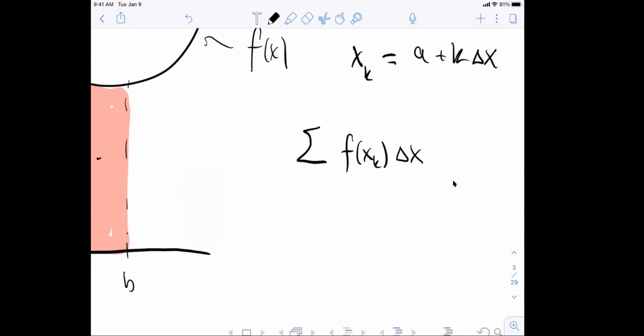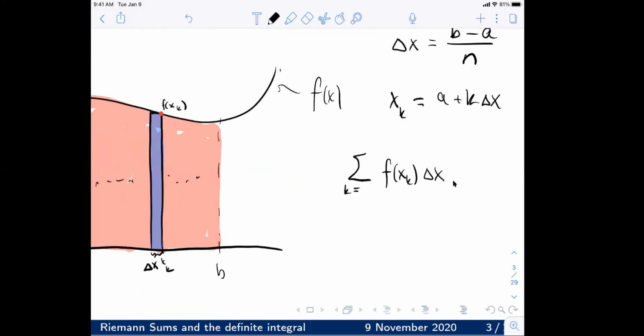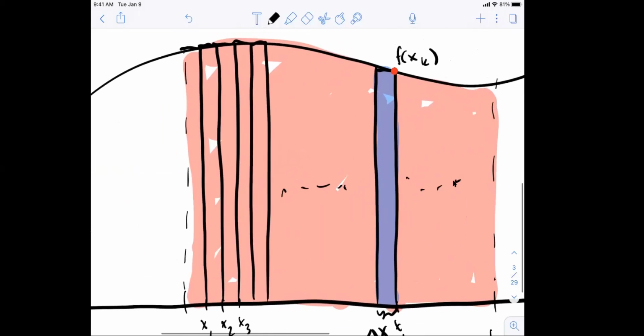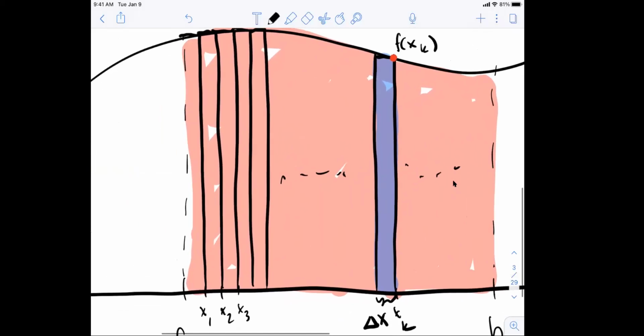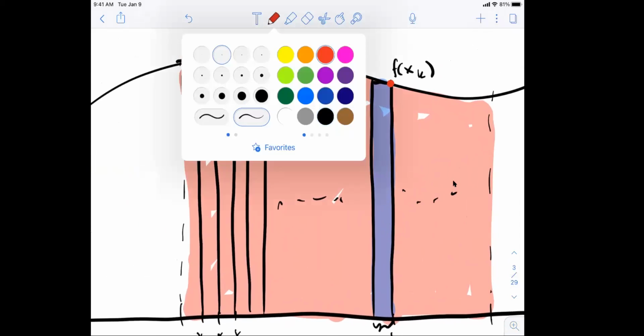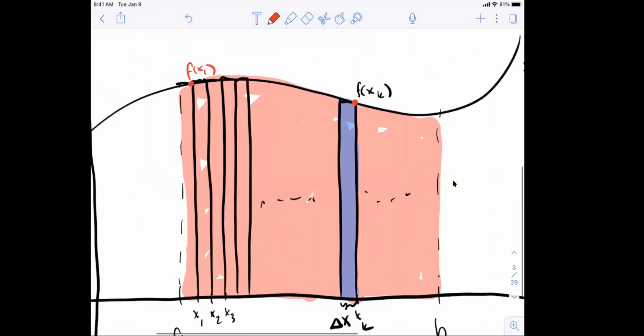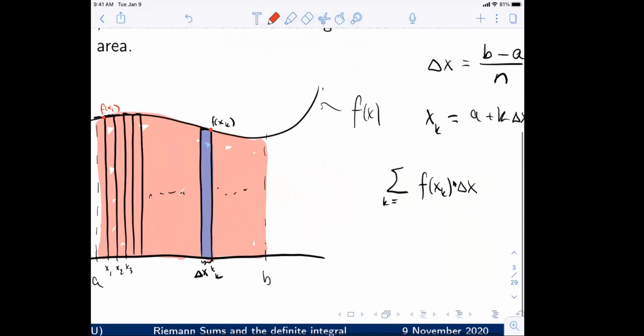And then I let k equal, well, I'm starting with this first rectangle where I'm going up to f of x1, so I'm starting with k equals 1. My last rectangle is k equals n.